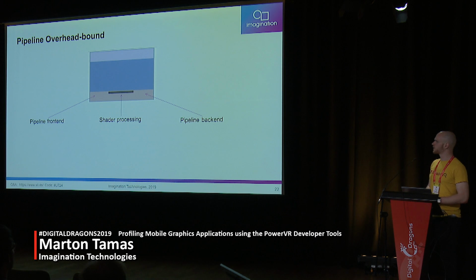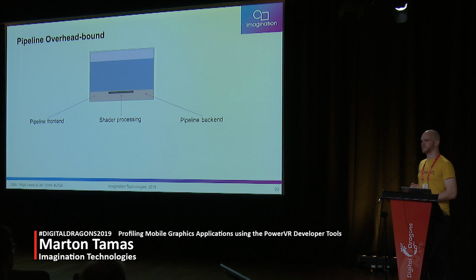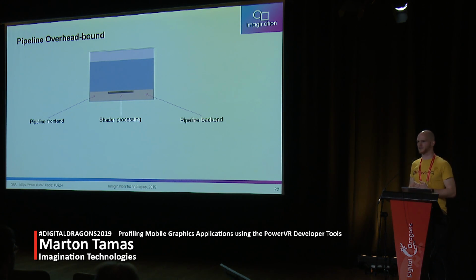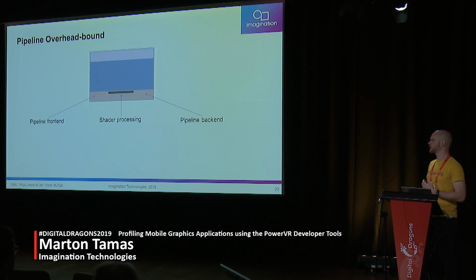As you can see here, the middle bit, which is highlighted by a black bar, is when the actual shader processing occurs. And all the rest is simply filling up the pipeline and then draining it. This means that the overhead for processing that geometry and those pixels is quite large compared to the actual workload that you're doing. So that means that you can be pipeline overhead bound.